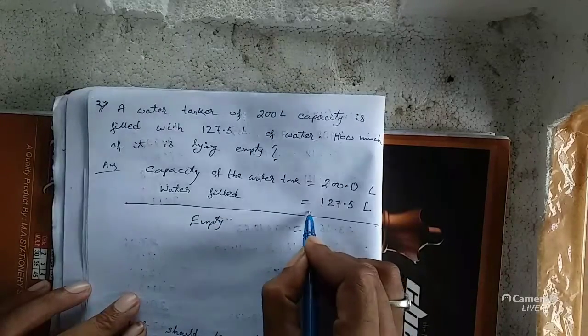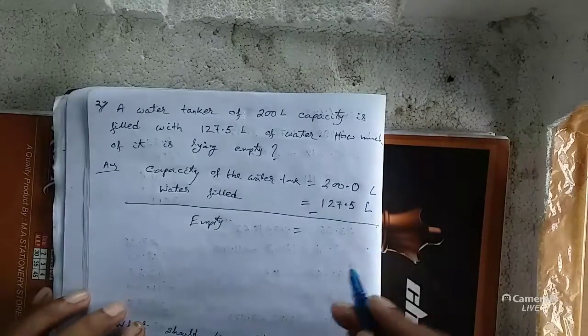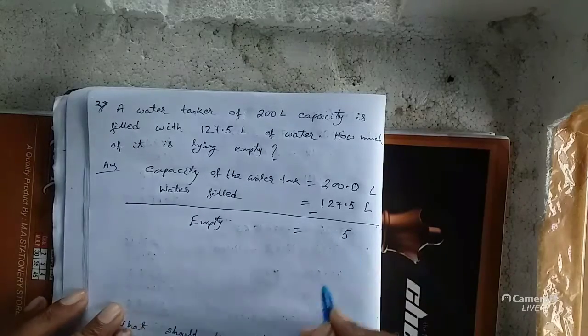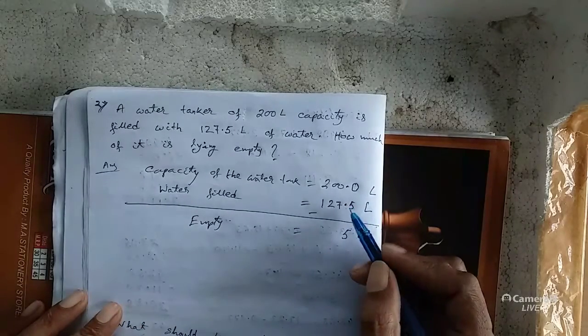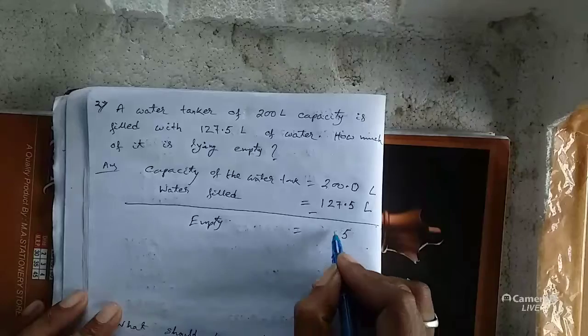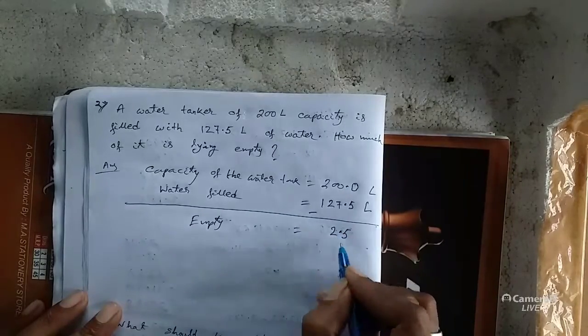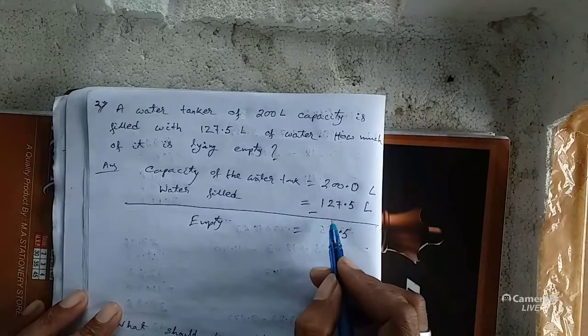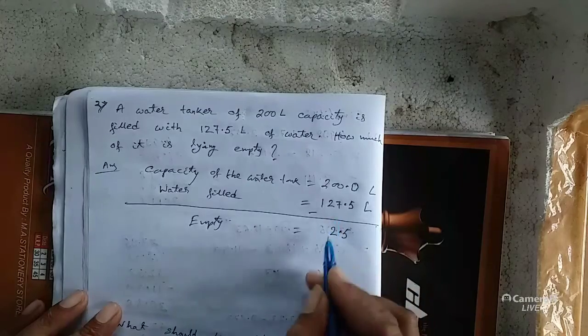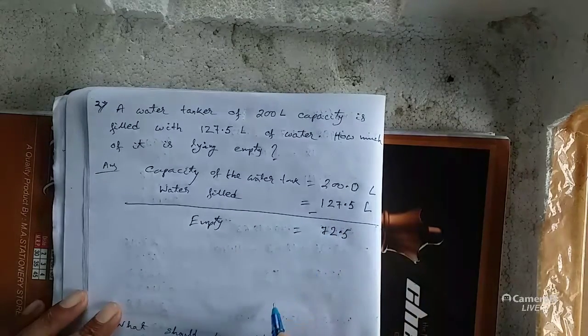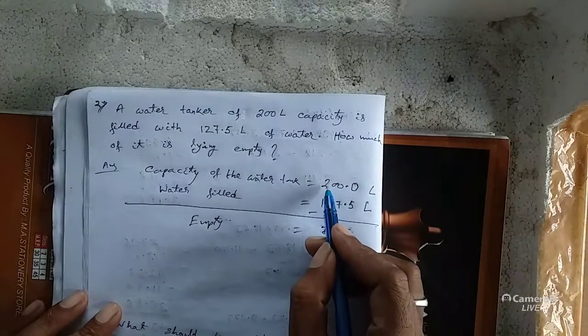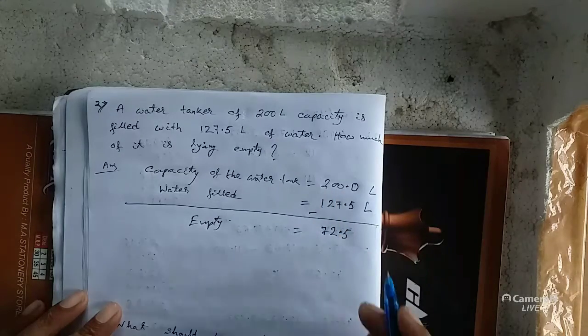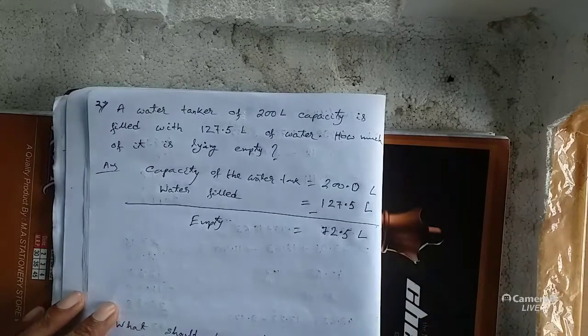we have to subtract. 10 minus 5, 5, 1 borrowing from here, so it becomes 2 decimal 2, again 1 borrowing from here, so it becomes 7, 1 borrowing from here, 1 minus 1, 0. 72.5 liter.